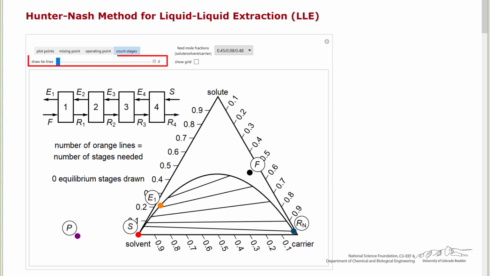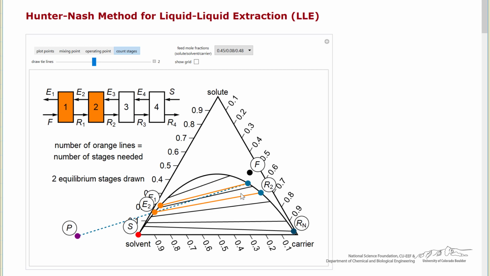And so what we're going to do with this slider, first stage, notice there's 4 stages as it turns out for this process. R1 has to be in equilibrium with E1, and so that means it's on a tie line. And then as we continue to step through, we use the operating point to locate E2.